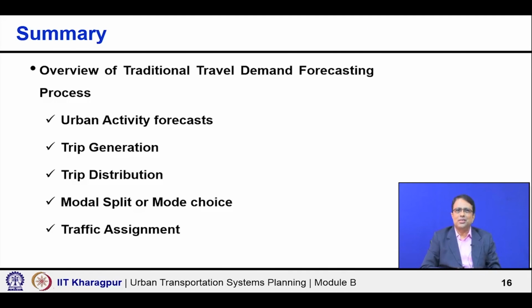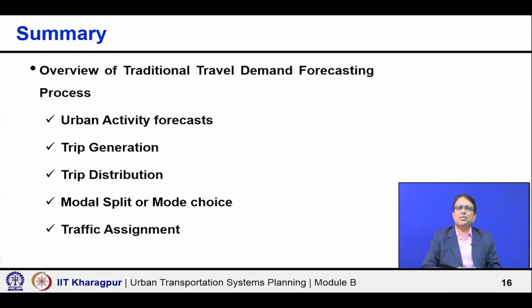So, what we discussed here quickly is the overview of the traditional travel demand forecasting process. As I said, the inputs are coming from the urban activity forecast. So, they are providing input to the 4 stages, and the 4 stages are namely trip generation, activities to number of trips; distribution, telling me the interchange, where the trips are coming from or where the trips which are generated are going, right.